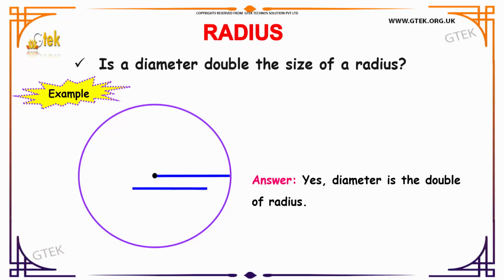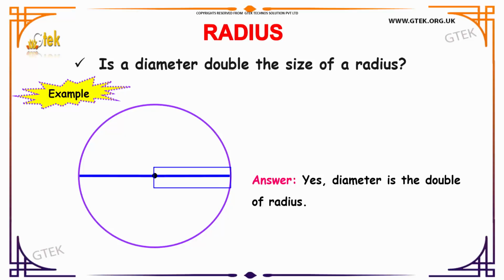Next we have an interesting question. Is the diameter double the size of a radius? The answer is yes. The diameter is double the size of the radius.